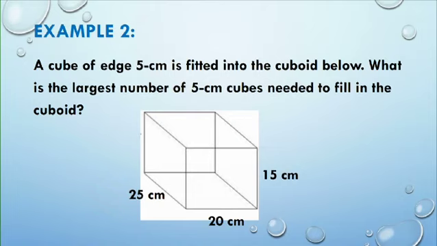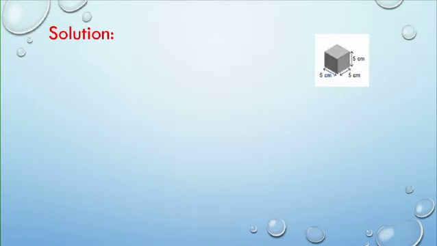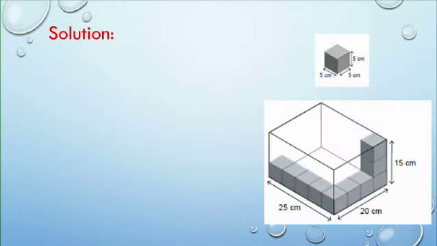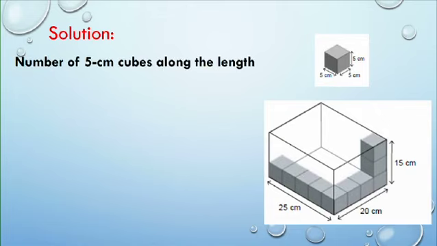What is the largest number of 5 centimeter cubes needed to fill in the cuboid? Let us have a look at the solution. So I have 5 centimeter cubes which will be fitted in the cuboid with dimensions 25 centimeters, 20 centimeters, and 15 centimeters. So how many cubes will I need?